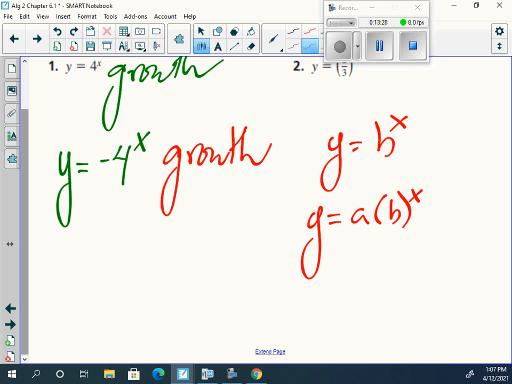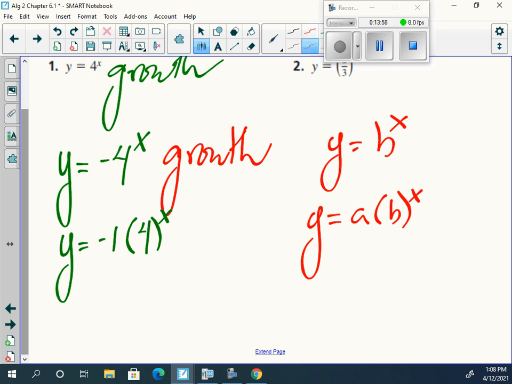Because if you notice with most of the formulas that we've come across, they really like starting with a, because alphabetical order, A, B, C, D. We always like starting at the beginning. That's partially why this is starting out at b. So we can really look at this as y is equal to -1 times 4 to the x, and we can have any other number besides 1.